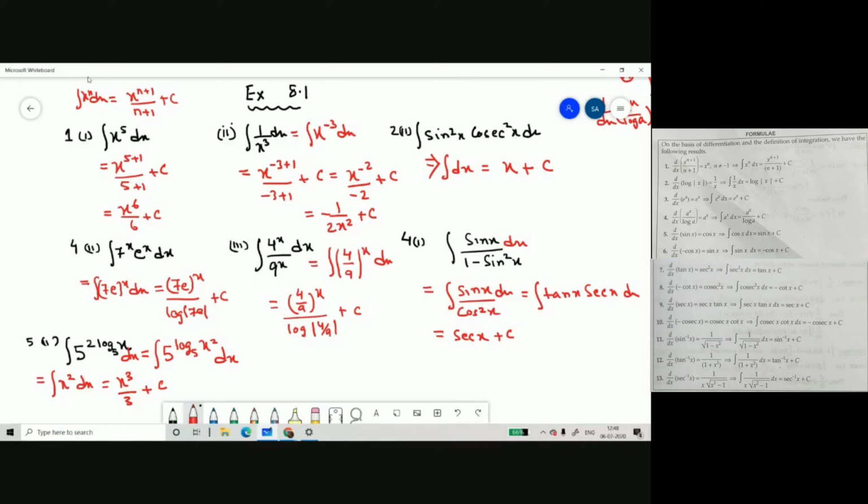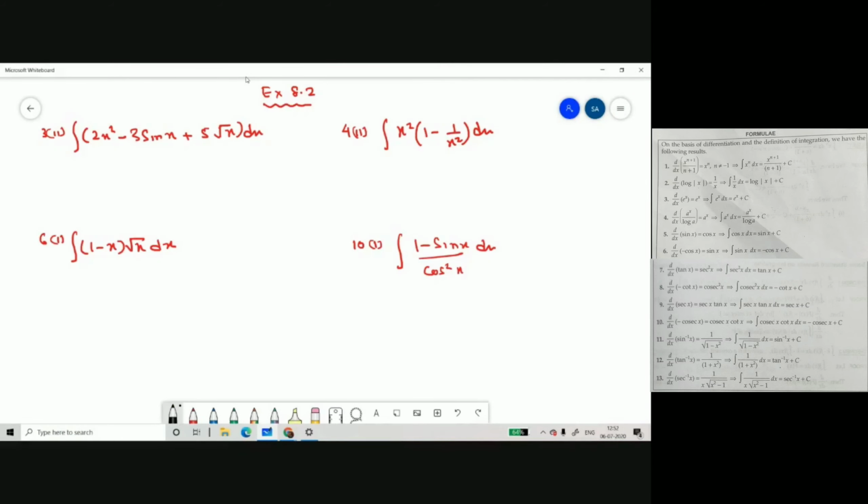Done. Now, let us look at the other exercise, 8.2. Exercise 8.2, sum number 3 part 2. Integration of 2x square minus 3 sin x plus 5 root x. Now, can I write this as integration of 2x square dx minus integration of 3 sin x dx plus integration of 5 root x dx?